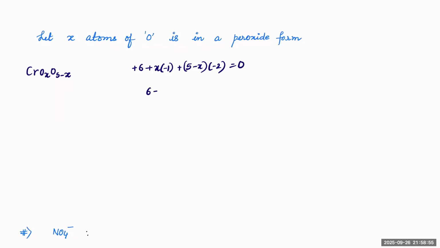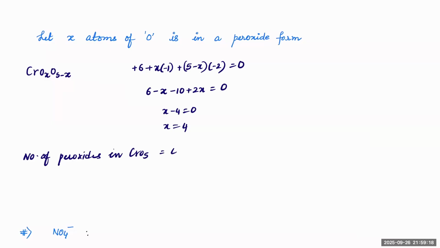So that makes it X minus X and minus 10 and plus 2X, that should be equal to 0. So X minus 4 equal to 0. So X is equal to 4, which means number of peroxides in CrO5 is equal to 4.